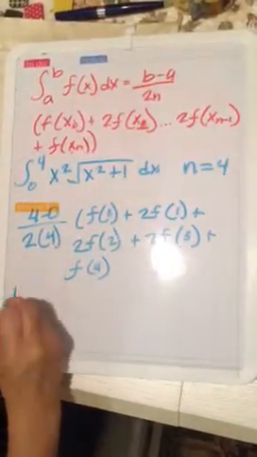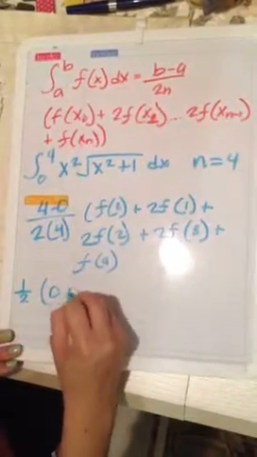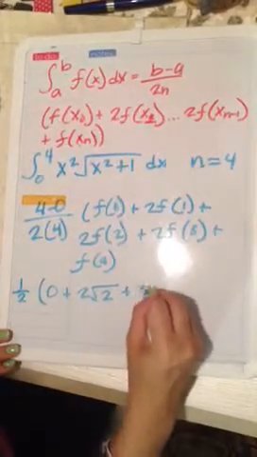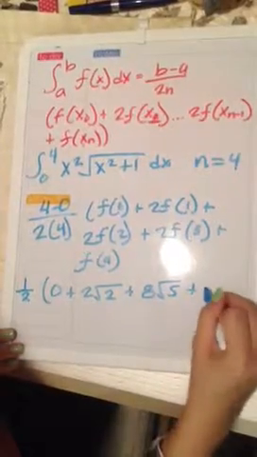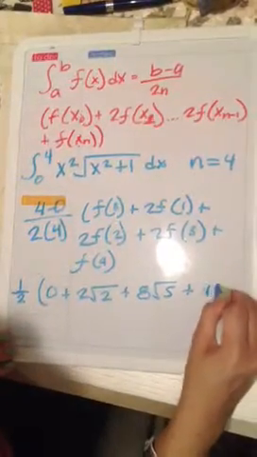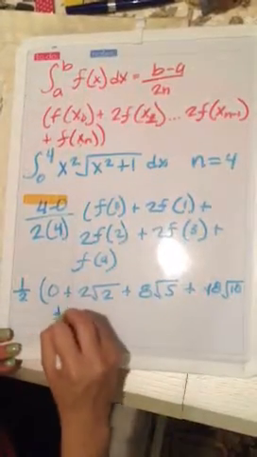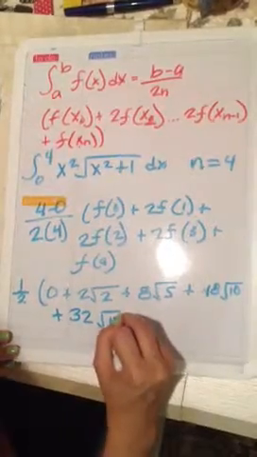That's 1/2 times 0 plus 2 times square root of 2 plus 8 times square root of 5 plus 18 times square root of 10 plus 32 times square root of 17.